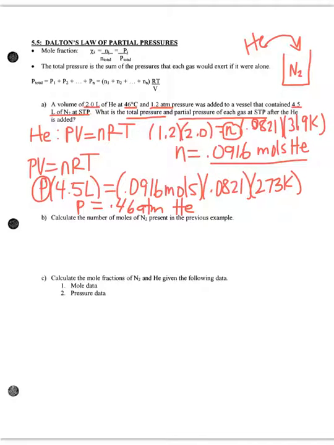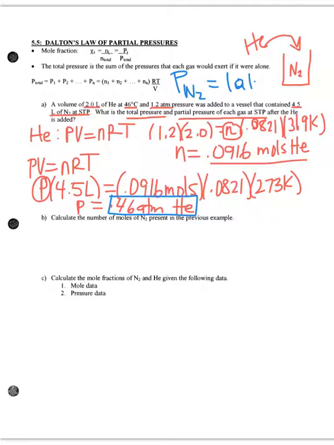So that's for helium. We know the helium pressure, we just solved for it: 0.46 atm. Now let's look at the nitrogen pressure. Well, the nitrogen is in the vessel, so that's at STP. So what's standard pressure? Standard pressure is 1 atm. Therefore, the pressure of nitrogen is 1 atm.